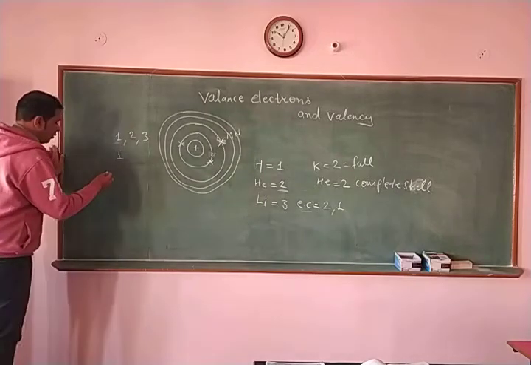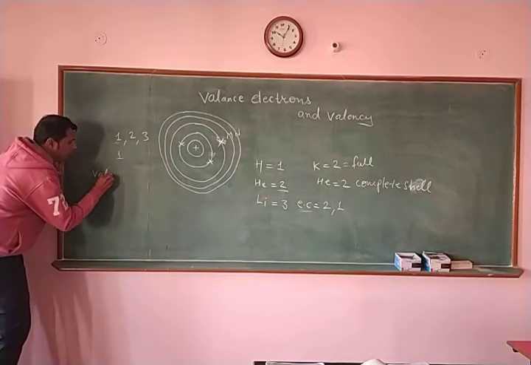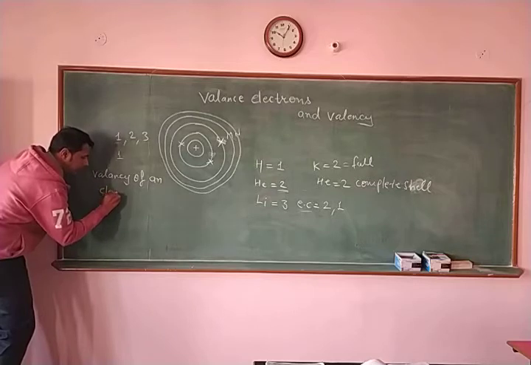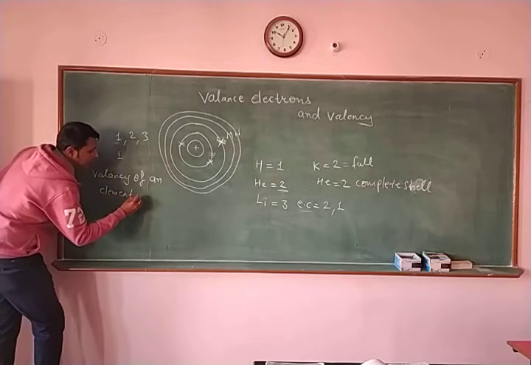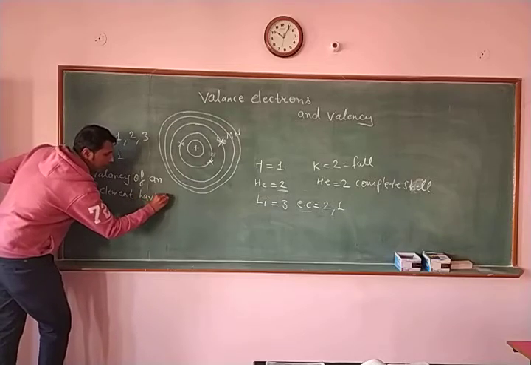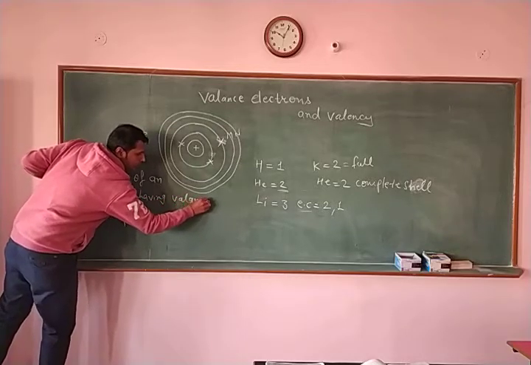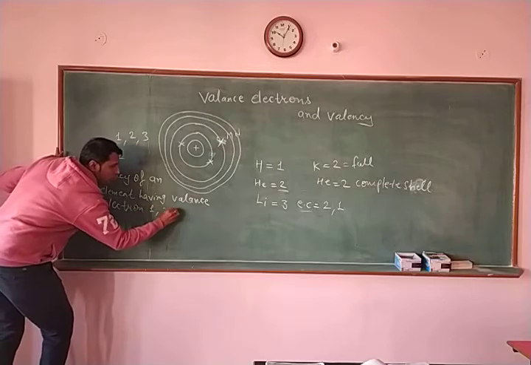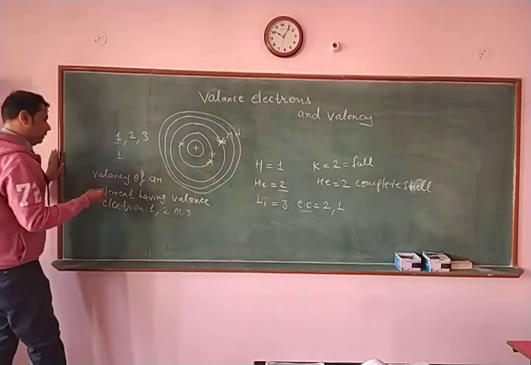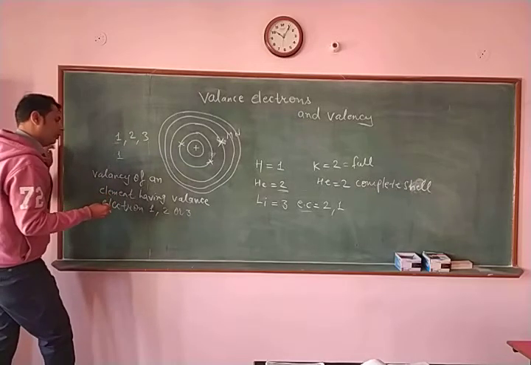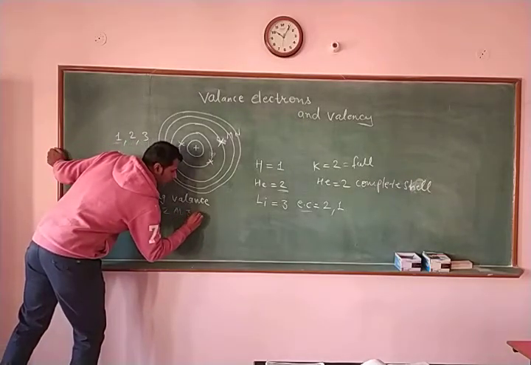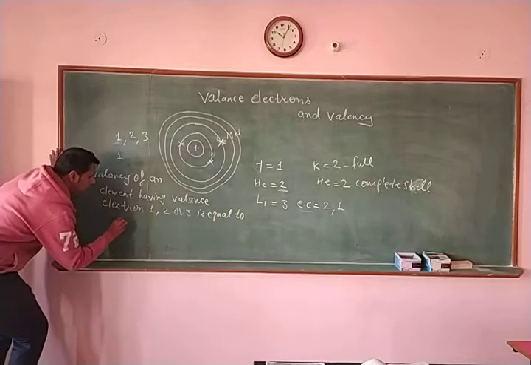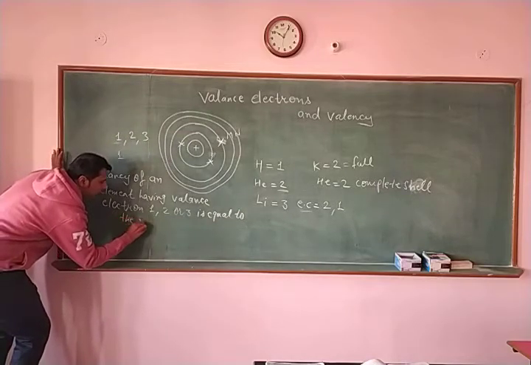So the valency of an element having 1, 2 or 3 valence electrons is equal to the number of valence electrons.